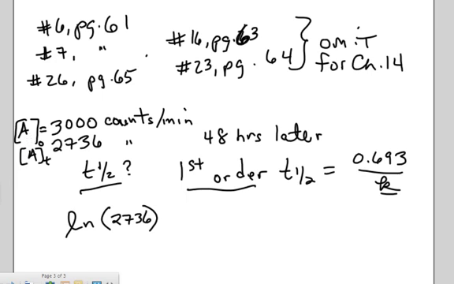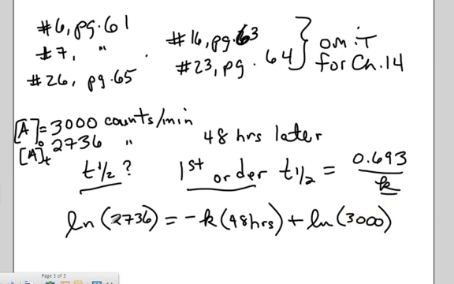Equals minus Kt, now t is 48 hours, and the answers for this question are in hours, plus the natural log of the initial concentration. So this is the integrated rate law for first-order reactions. Okay?